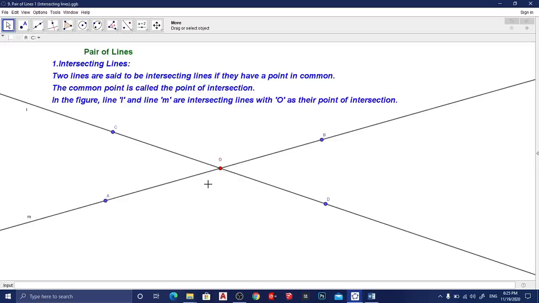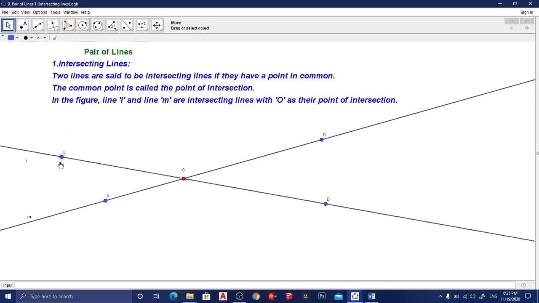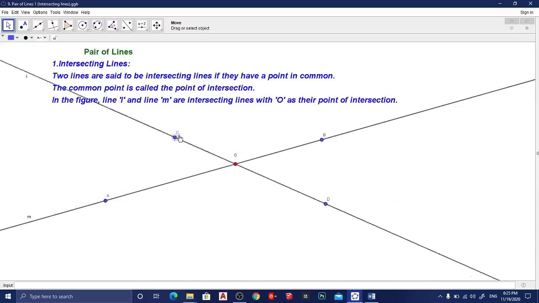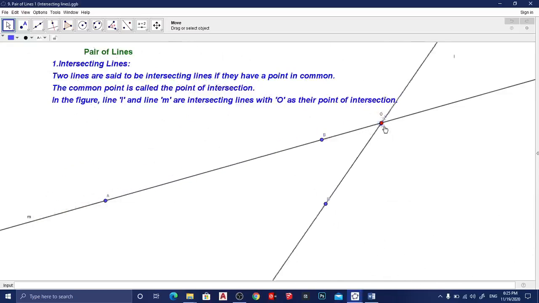When two lines have a point in common, those two lines are called intersecting lines. If there is no common point for the given lines, then those two lines are called parallel lines. Here, observe, if I move this, these two lines always have a common point and intersect somewhere like this.